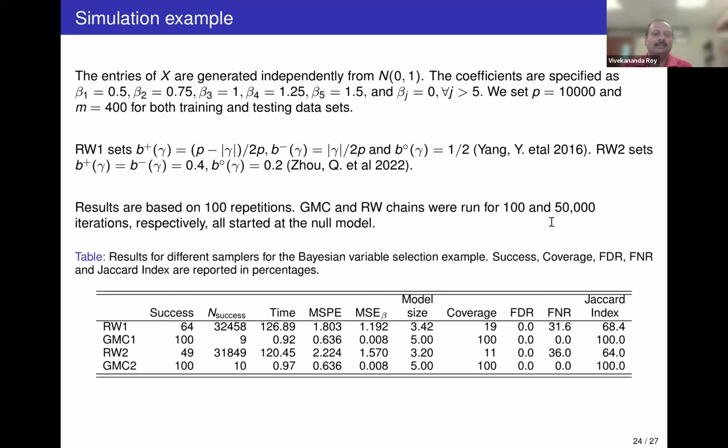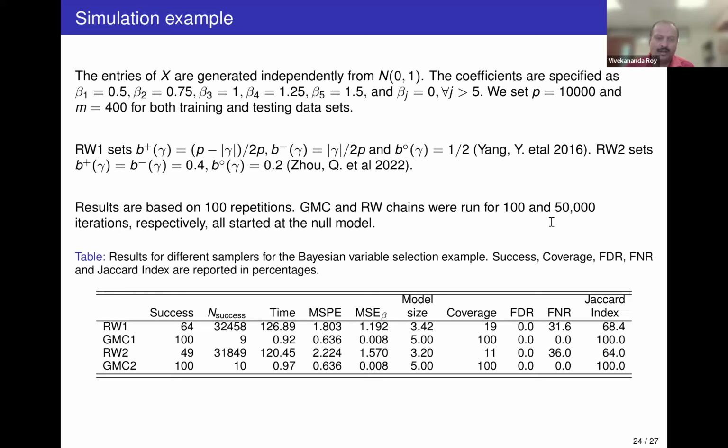And you can see that the geometric Monte Carlo was able to find the posterior mode every time, 100% success. The symmetric random walk performed a little better than the asymmetric random walk, but still, they are not able to find the posterior mode almost 40% of the time.